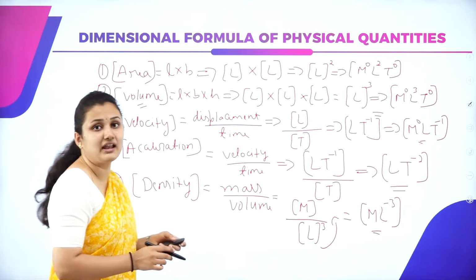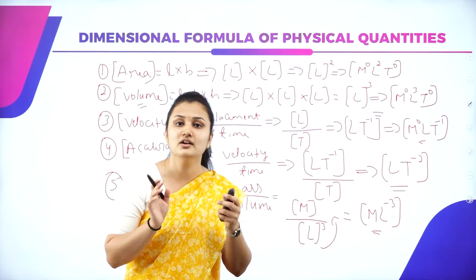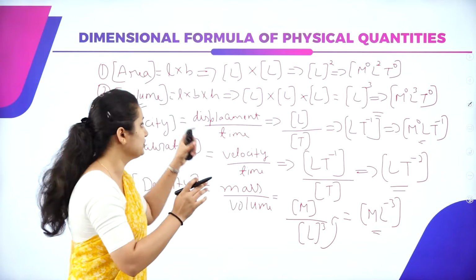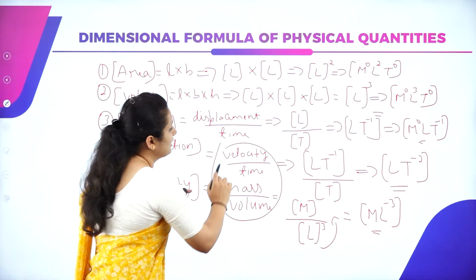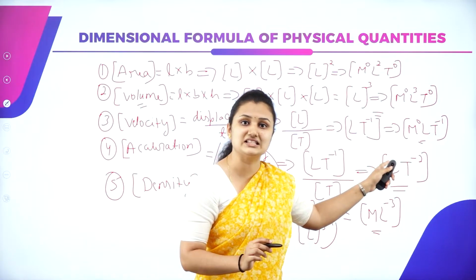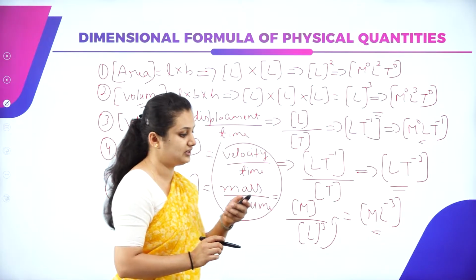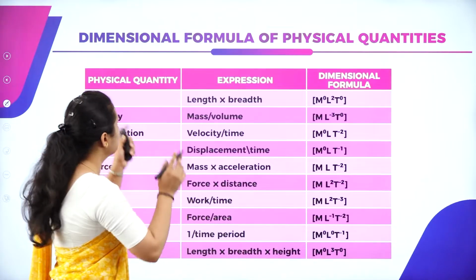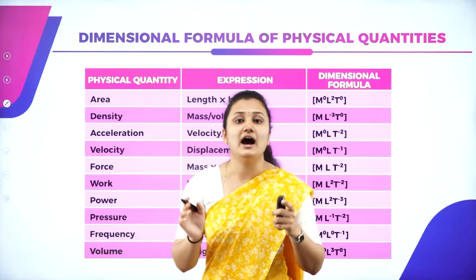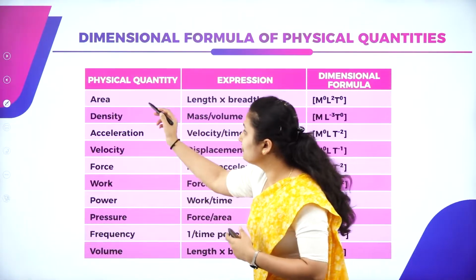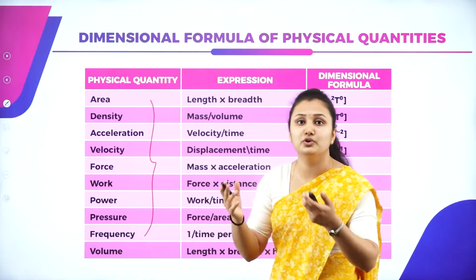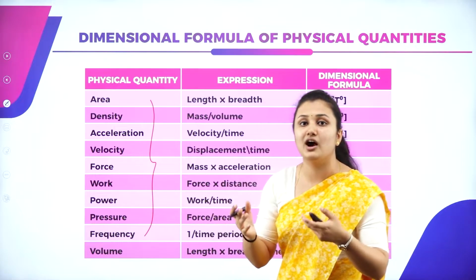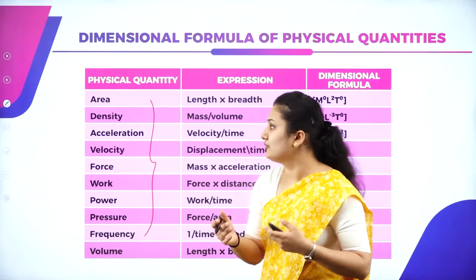So this is how you calculate the dimensional formula for physical quantities. If you know velocity and acceleration, you can calculate the dimensional formula easily for other physical quantities. I have tabulated a few of them. Area, density, acceleration, velocity: I showed you how to obtain the dimensional formula.